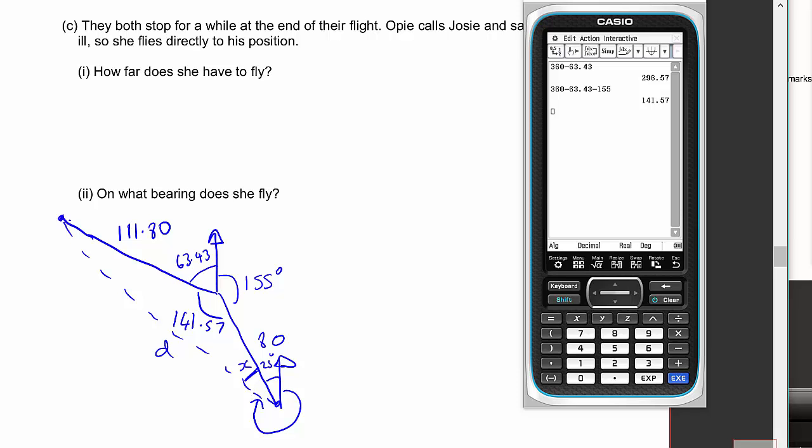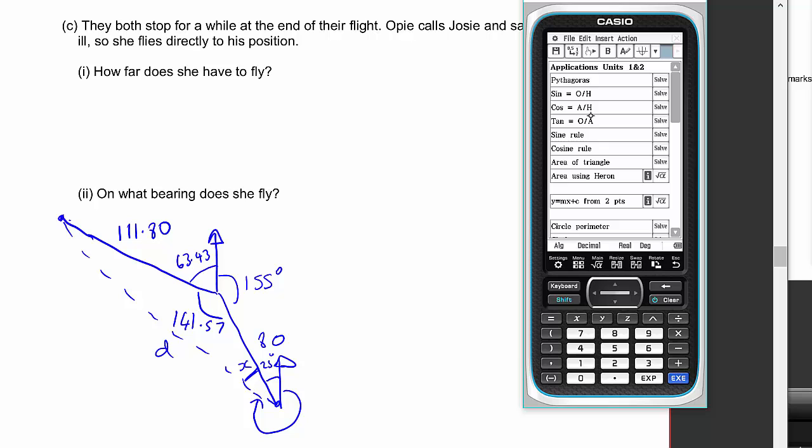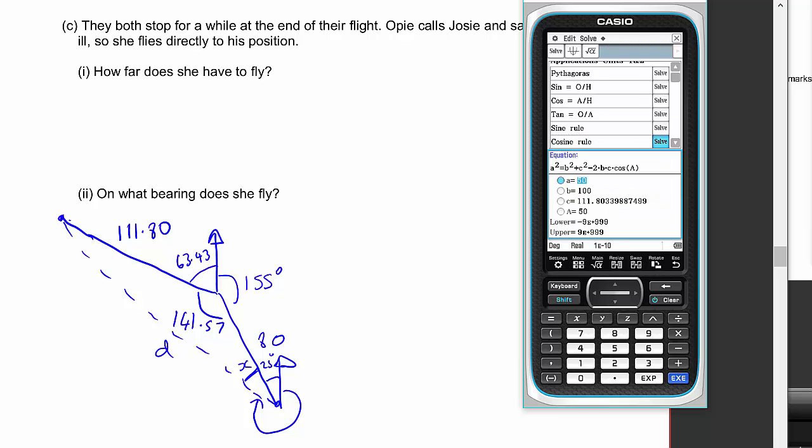So to get D, I can use the cosine rule. So I'm going to go to the activity and cosine rule, and I'm trying to work out the D here, which is the small a, and the B is 111.80.